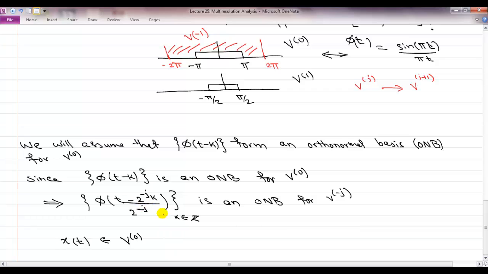So since phi of t minus k is an orthonormal basis, this implies that x of t can be written as a linear combination of my basis functions, phi of t minus k. That's just the definition of the orthonormal basis.